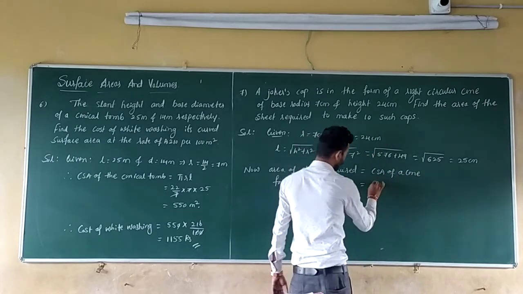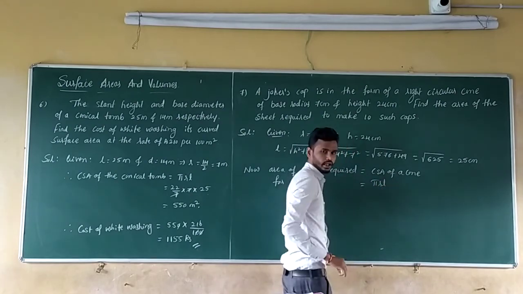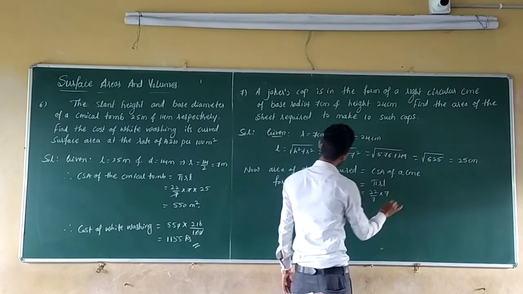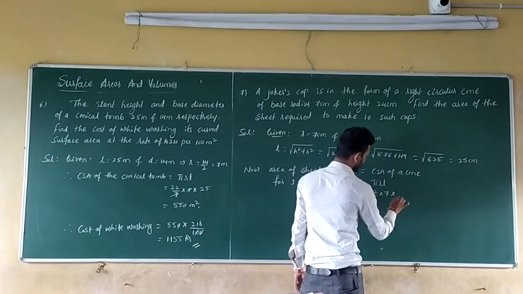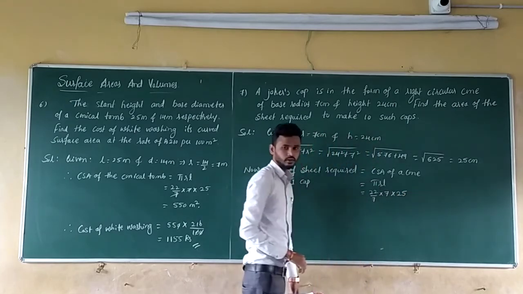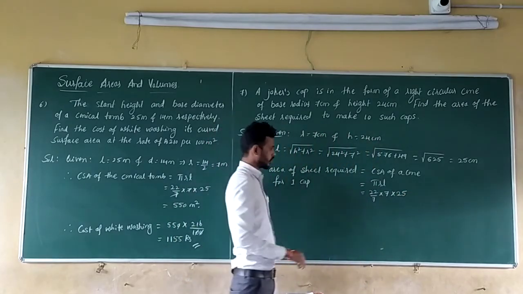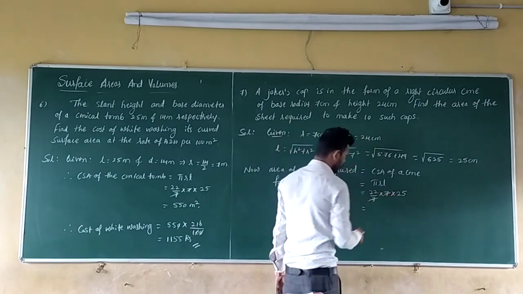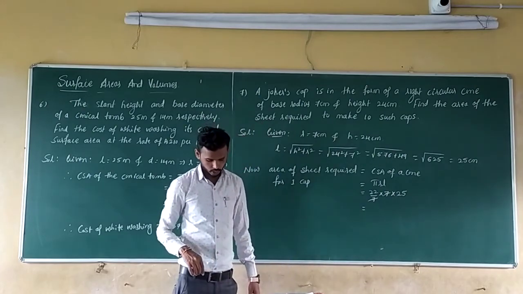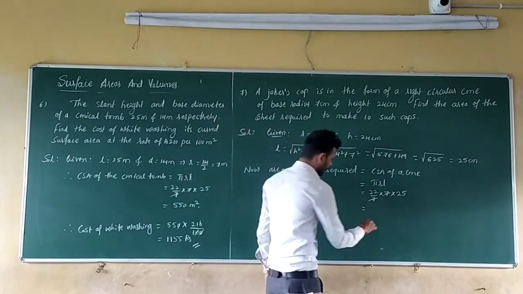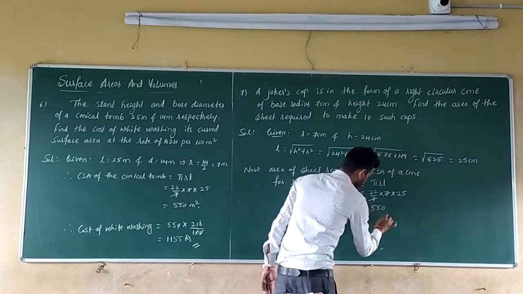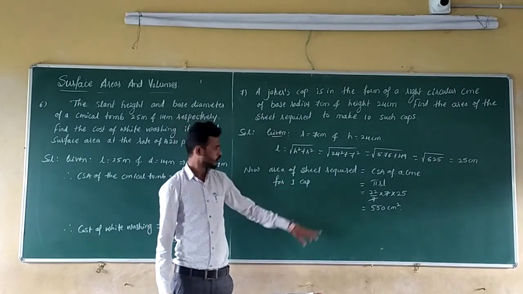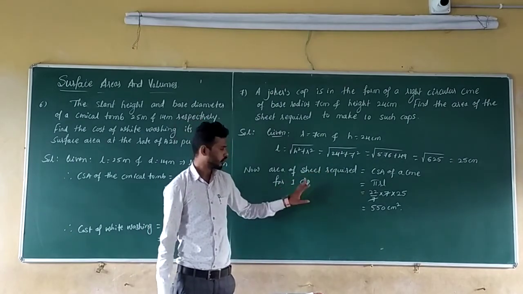The CSA of a cone formula is pi r L. So pi value is 22 by 7 into radius 7 into L is 25. So 7 gets cancelled. So 22 into 25, you will get 550 centimeters square. This is the area of sheet required for one cap.